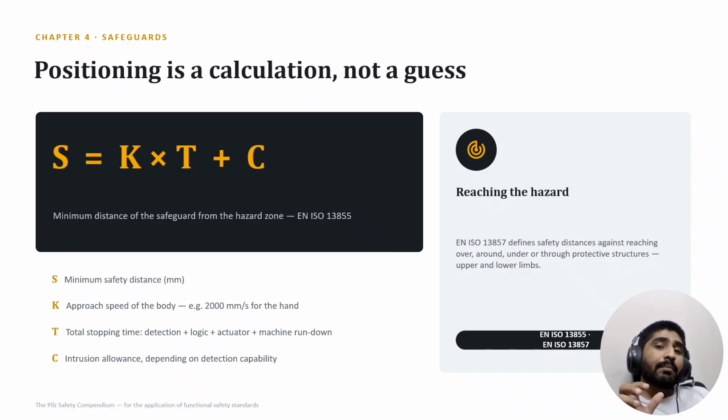For a hand approaching perpendicular to a sensing field, K is typically 2000 millimeters per second. Its companion standard EN ISO 13857 defines the safety distance against reaching over, around, or through protective structures. Together, these standards turn safety placement from guesses into engineering.